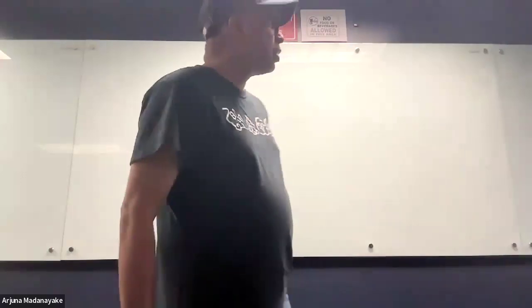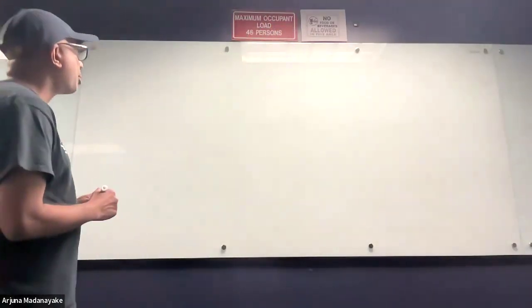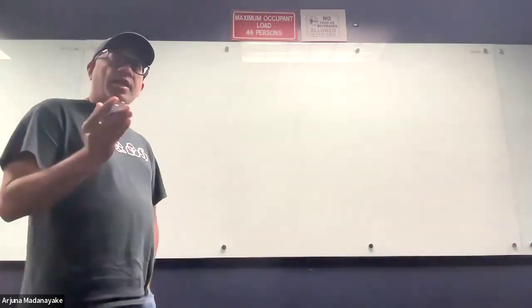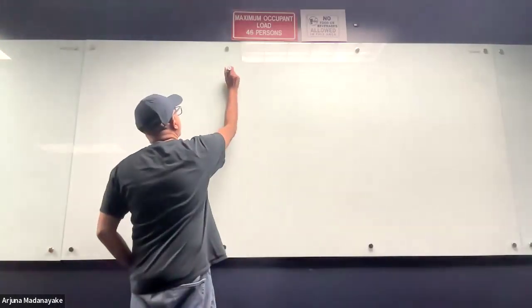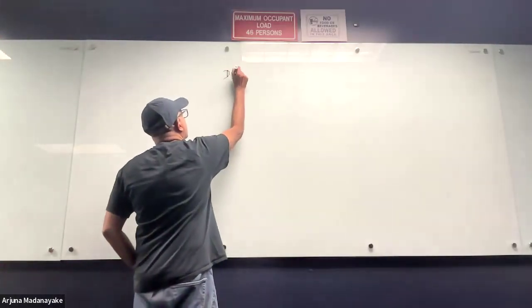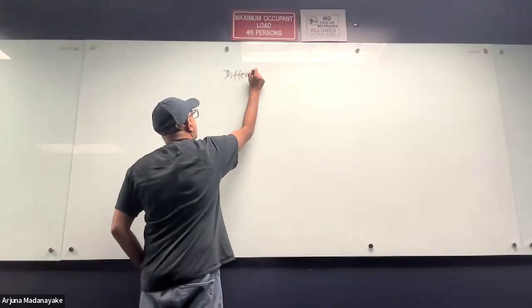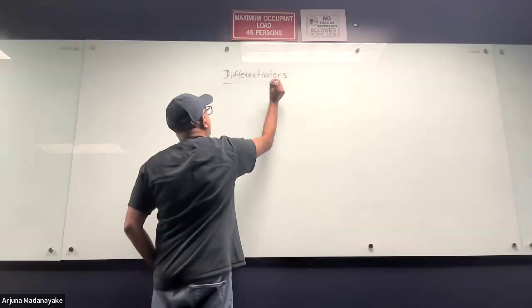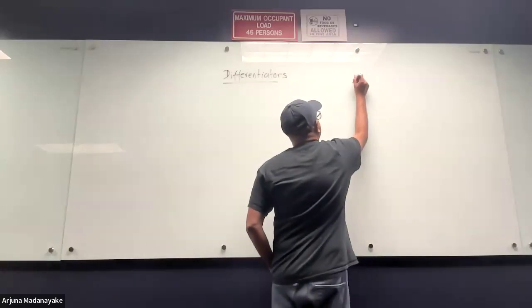So we will look at some other related topics about linear time invariant systems. Let's take, for example, two types of systems, differentiators and integrators.